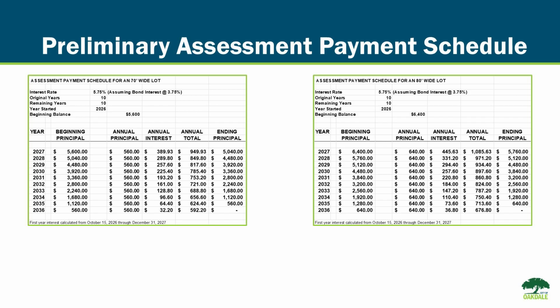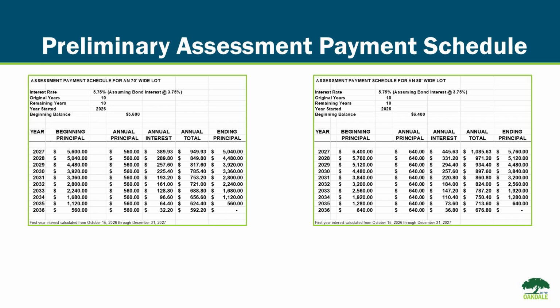So it'd be $560 plus interest on the unpaid balance of $389.93. So the first year the assessment would be $949.93. By the year 2036, the principal payment would be $560 plus $32.20 in interest on the unpaid balance, for a total payment that year of $592.20. The example on the right is for an 80-foot wide lot.